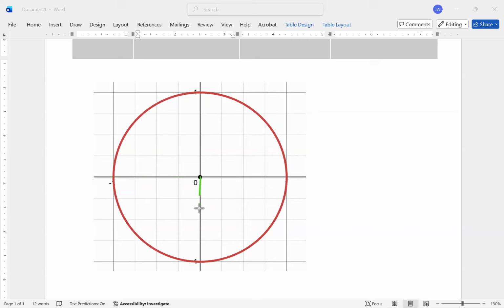For 3 pi over 2, our terminal ray would be shooting down, and we'd be hitting the point (0, -1). And for 2 pi, we'd be back shooting in the positive direction along the x-axis, and we'd be back at the point (1, 0).